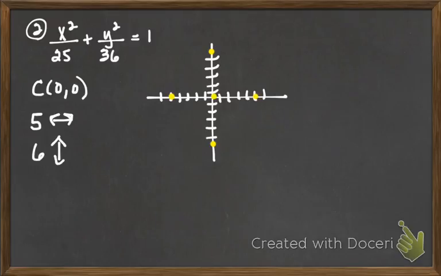So when it's a little bit longer up and down than it is left and right, we call this a vertical ellipse. It's not extremely important that you know that, but they could ask you for the domain and the range. I think you should be able to do that by now.